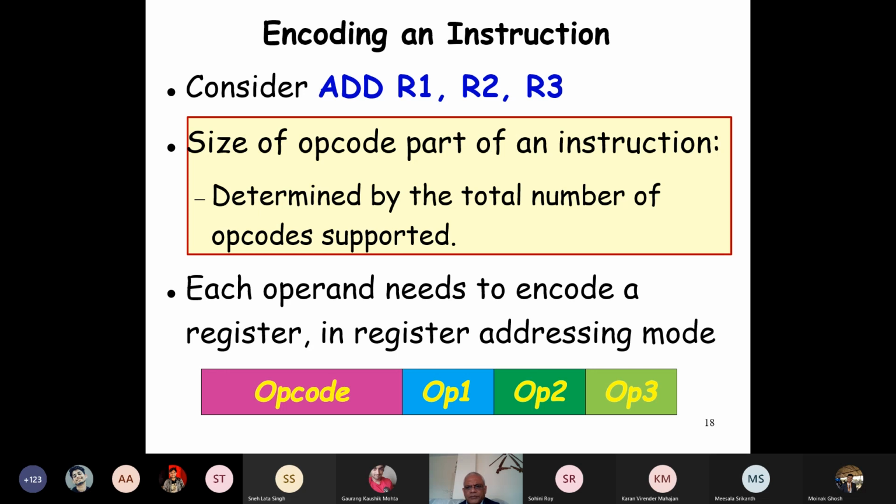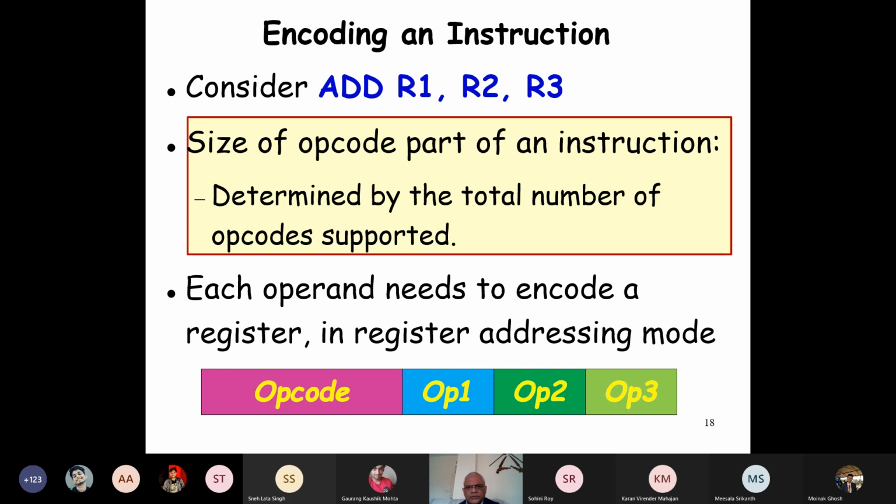But then remember that we have various types of addressing modes. We had mentioned about 4 or 5 types of addressing modes. So that also we need to encode. So the instruction size will be slightly larger. But for the simple addressing, where we have only 3 register operands and only 40 operations, we need 6 bits for the opcode and 4 bits for each of the operands.